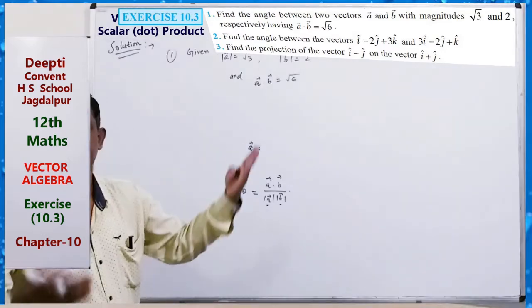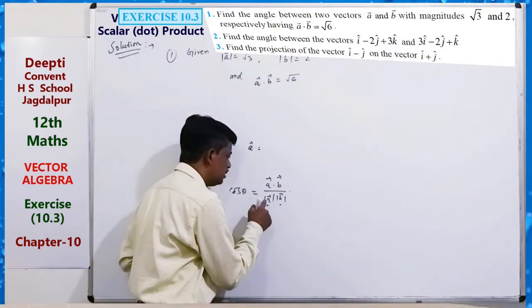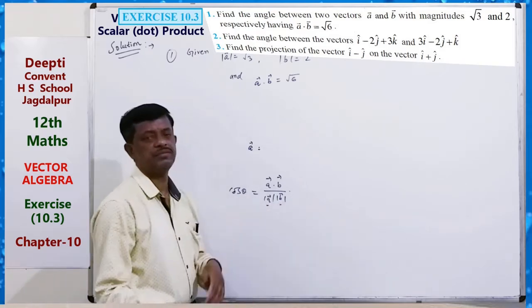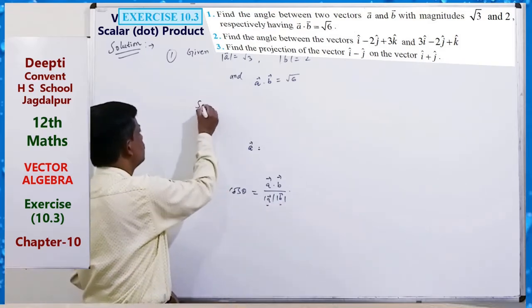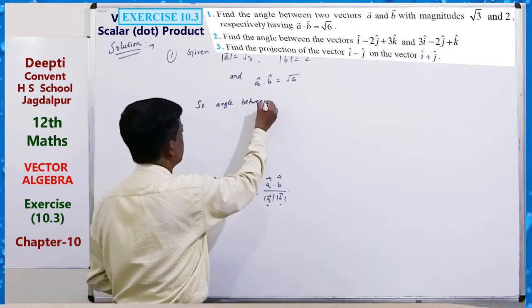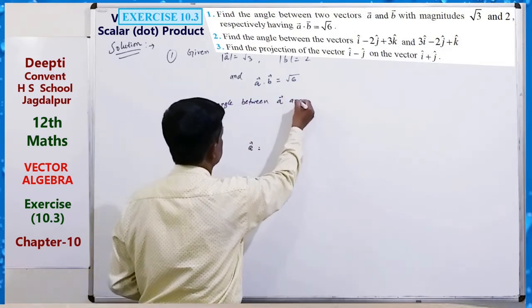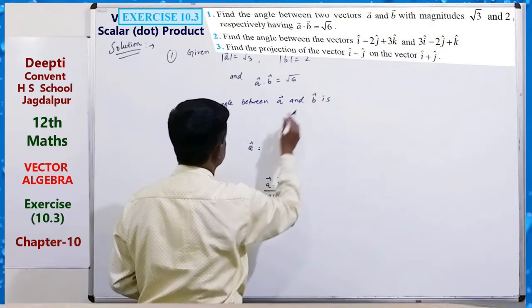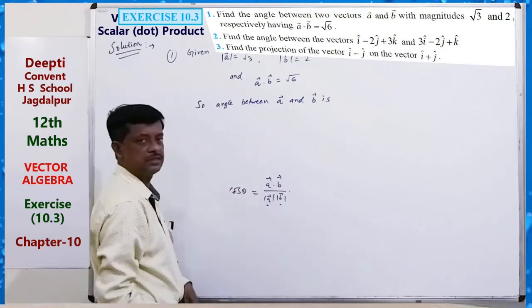These are given, so all values are given, and theta can be found. So the angle between A and B is this.